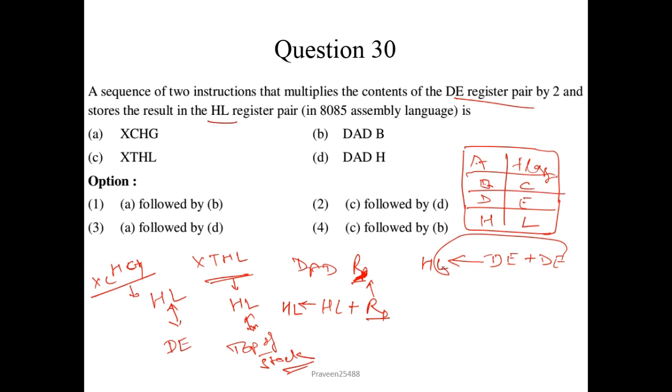So to perform this operation, first we move the contents of DE into HL using this instruction XCHG, and then when that DE contents move into the HL, the same HL contents will add with the HL and result will be stored into the HL. So D will perform the second step. So A and D, option 3 is the correct option.